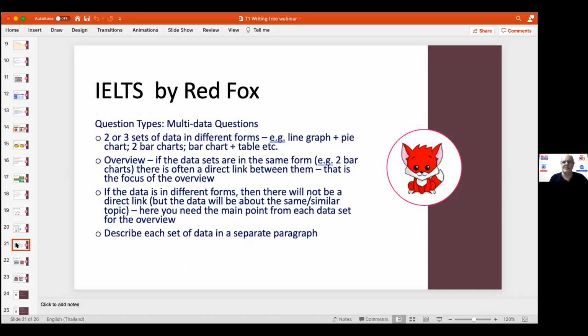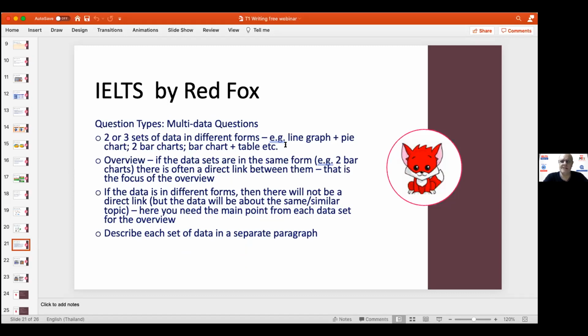Finally, we have multi-data. Now, multi-data is simply a combination of different forms of data like the line graph and pie chart, bar charts and table and so on. So it's really a combination of questions that we've already looked at. The key difference is the overview.